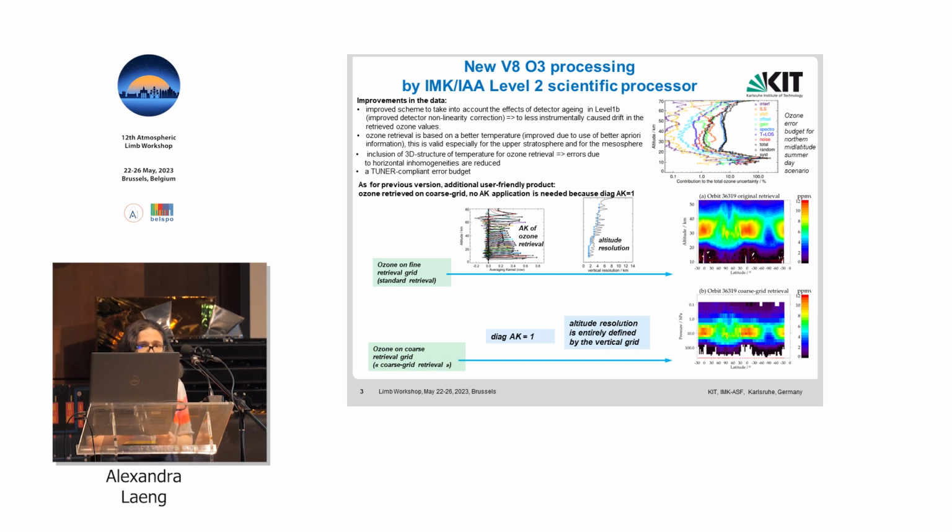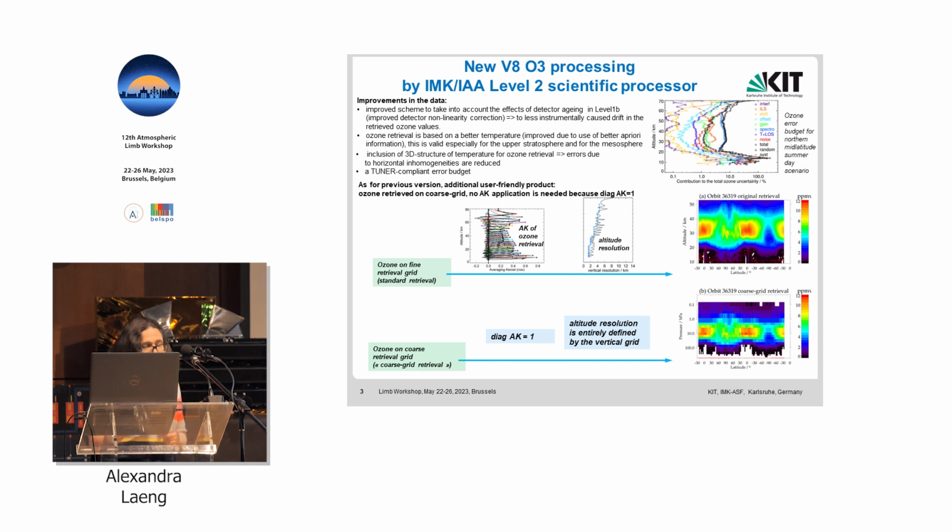The ozone retrieval is based on a better temperature, so it's improved due to the use of better a priori information, and this is valid especially for the upper stratosphere and the mesosphere. Also, the inclusion of the three-dimensional structure of temperature in the ozone retrieval led to reduced errors due to horizontal inhomogeneities, and for ozone, of course, we also have the TUNER-compliant error budget.